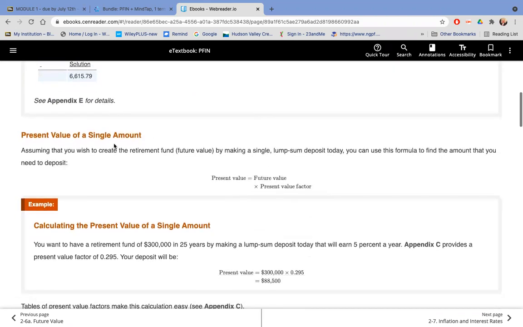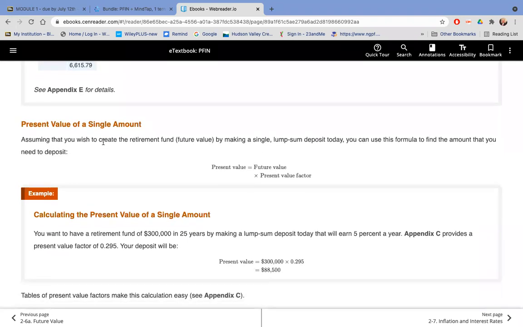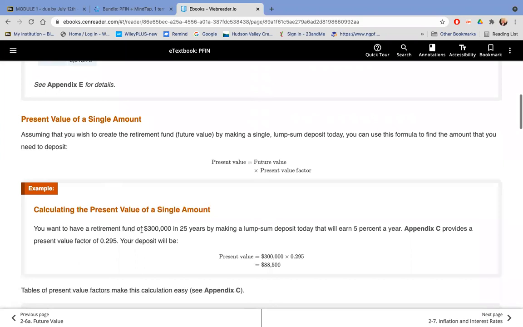So again, there's two ways to look at present value. You can do it with a single amount. So the present value of a single amount would be, for example, let's say you wanted to have a retirement fund of $300,000. And you're going to have that in 25 years, and you're going to earn 5% a year for those 25 years. So what would you need to deposit today in order to have that $300,000 that you wanted in 25 years?